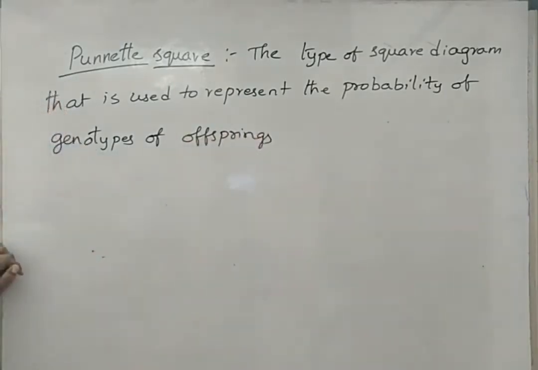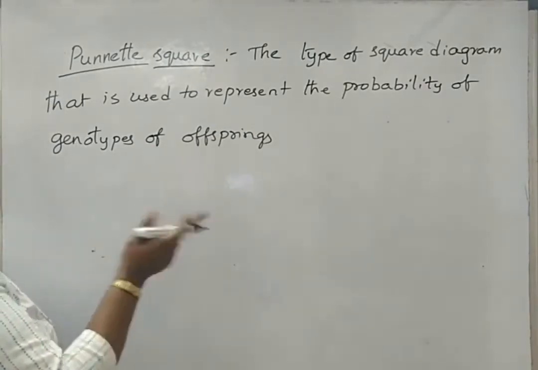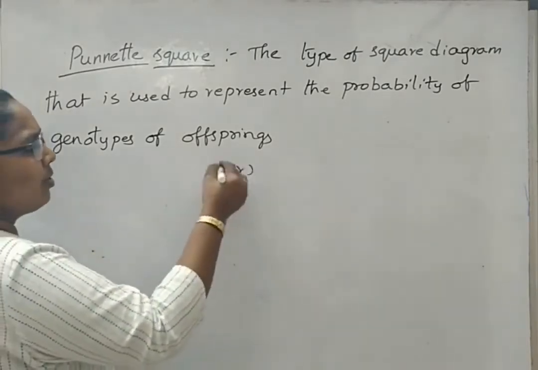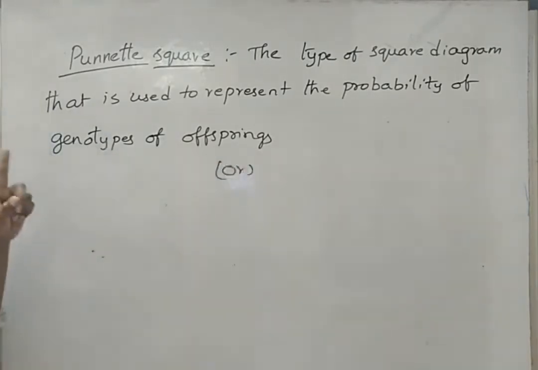So what is use of this Punnett square? Probability of the next. So here we can also use this Punnett square with another type of definition.